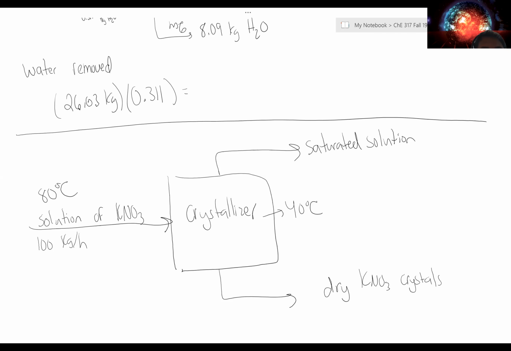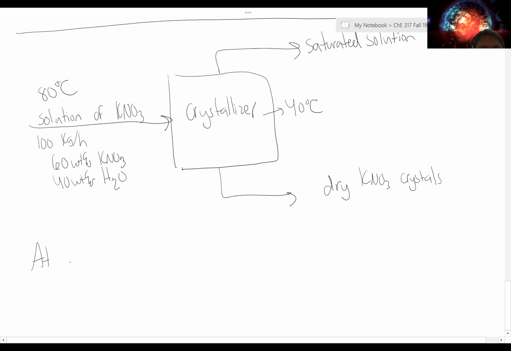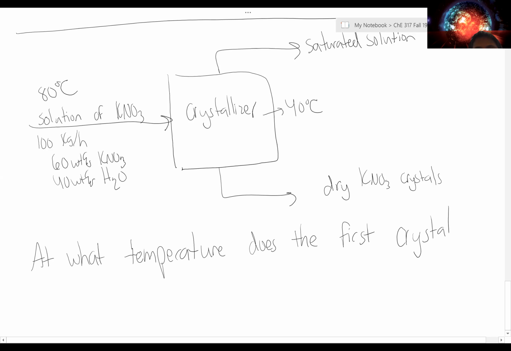And currently, this is being fed with 60 weight percent KNO3 and 40 weight percent water. So the question is, at what temperature does the first crystal form?